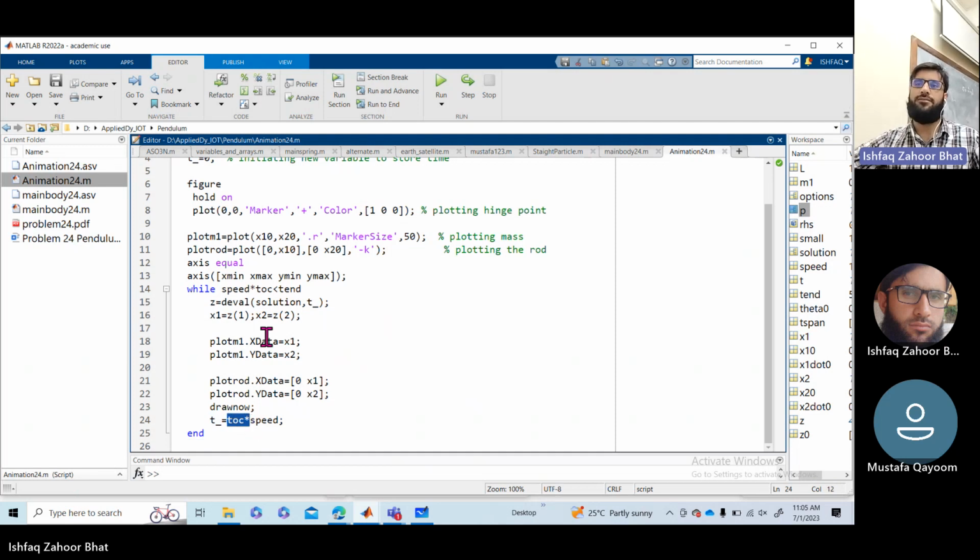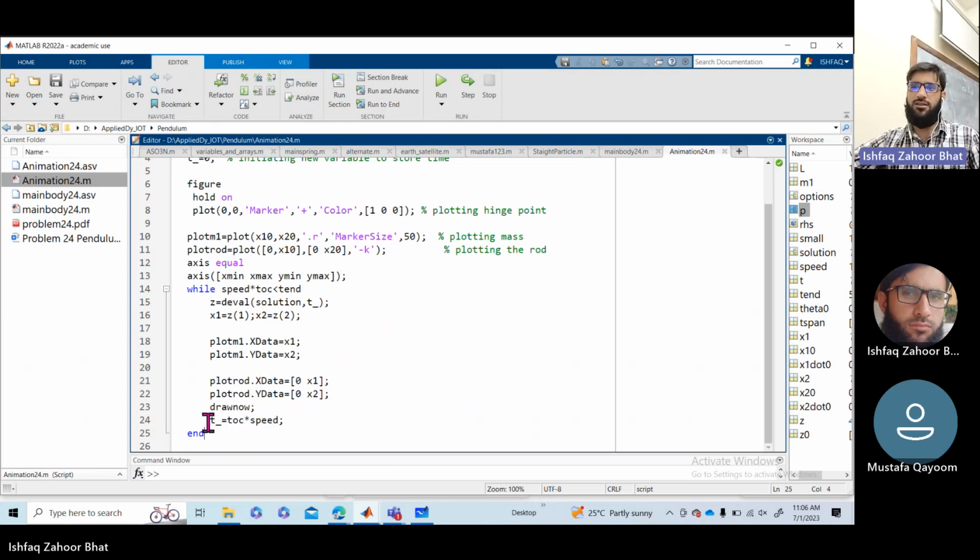It is equal to torque, that is, the watch has started. When MATLAB encounters torque, it will find the value on the clock, and we multiply it with the speed because we are speeding it up. If we don't use the speed, then t underscore is just equal to torque.